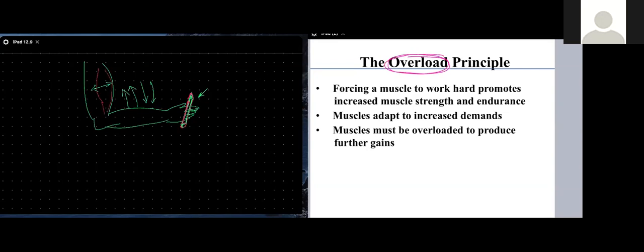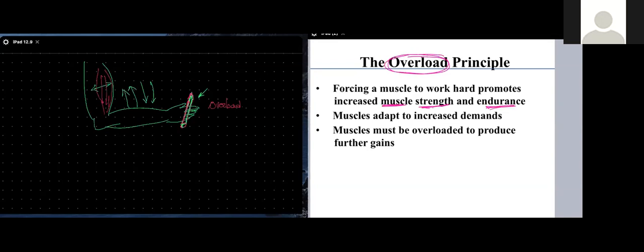So without having an overload, something that is difficult for the muscle to perform, the muscle won't have an increase in either the strength or the endurance.